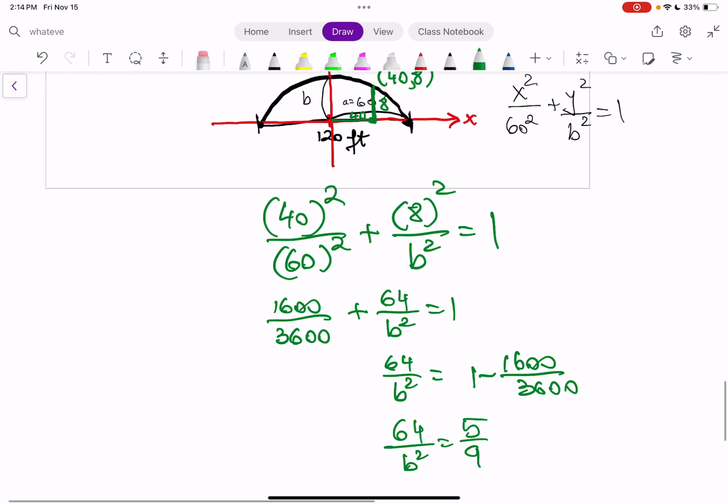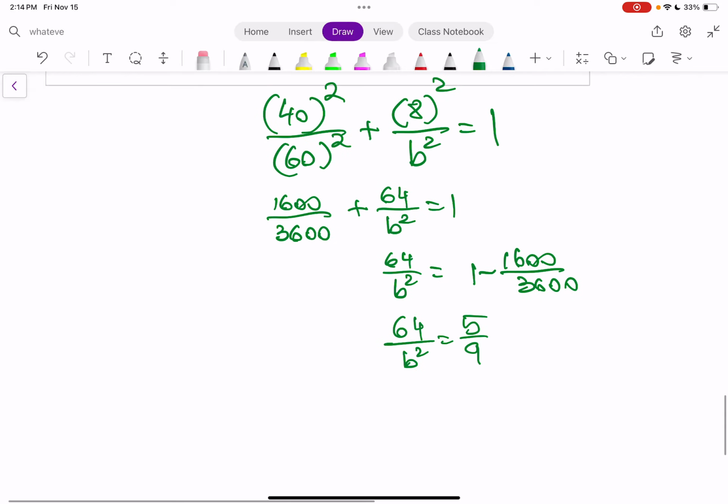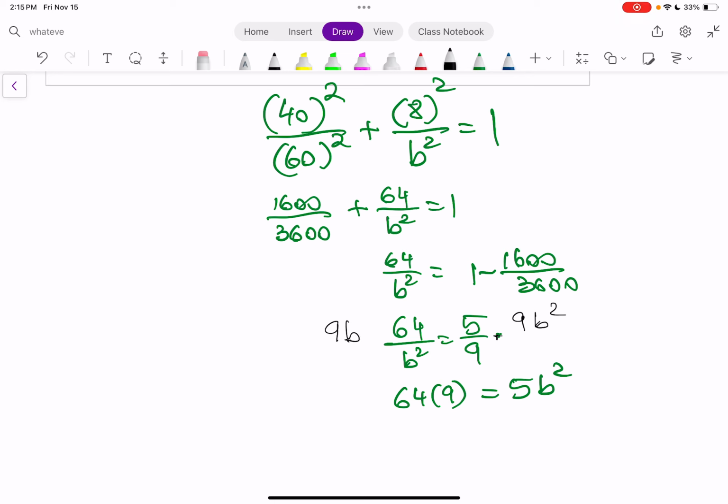All right, and we've solved rational equations back in chapter 5. So in other words, we don't want these fractions. There are two ways of solving this. You can, at this point, cross multiply, which is basically the same thing as multiplying by a 9 and a b squared on both sides, because you want to get rid of 9 and you want to get rid of b squared.